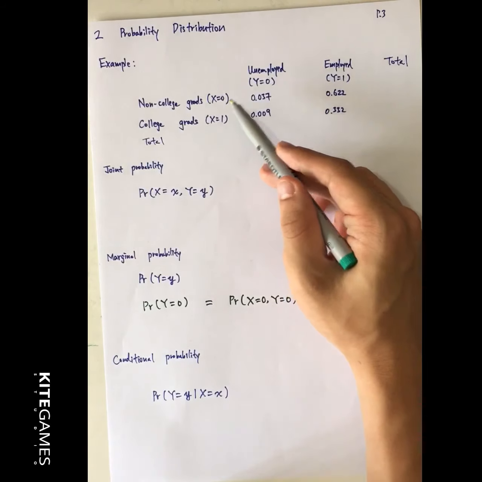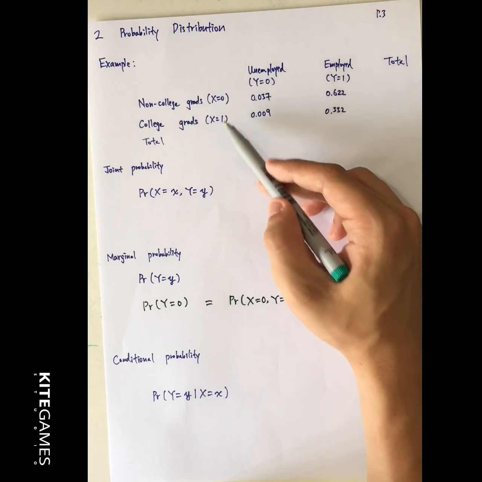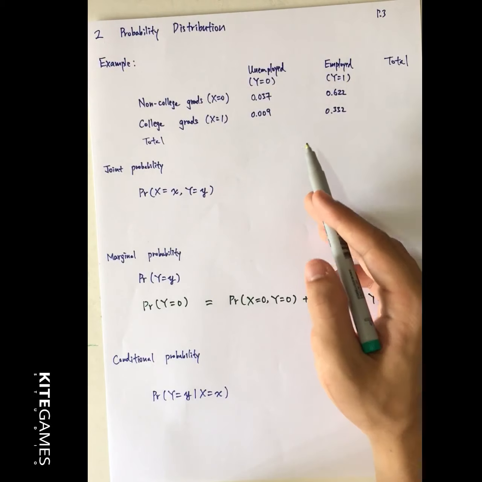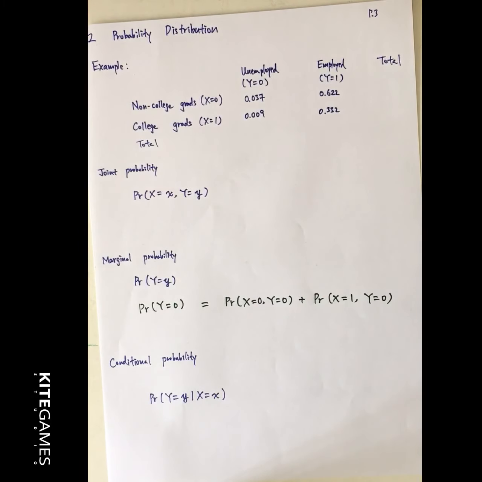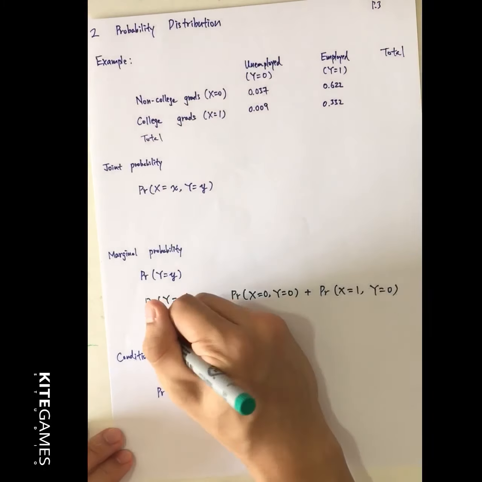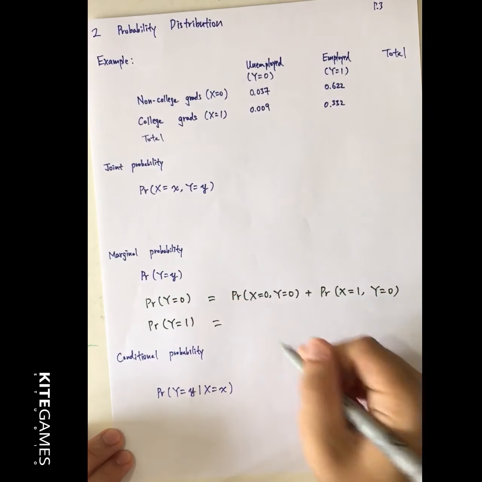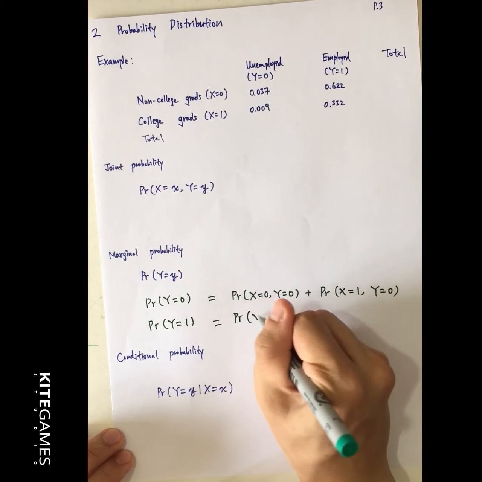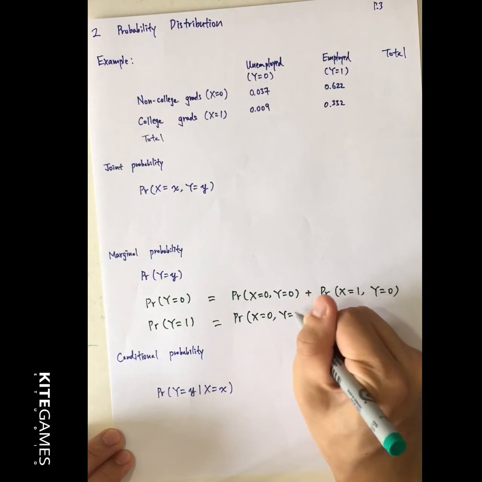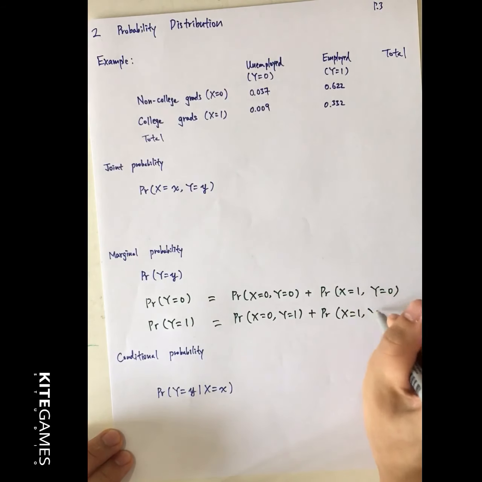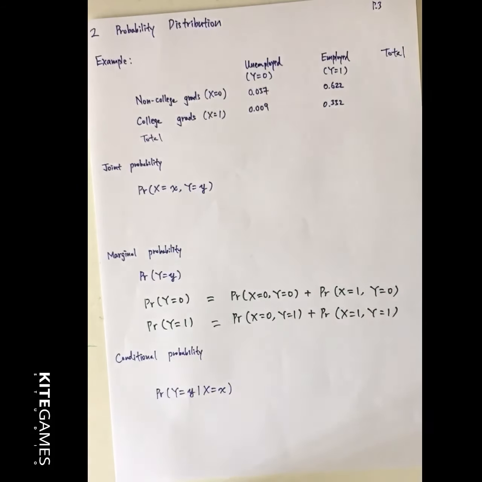Therefore, if we add up all the values of x equal to 0 and 1 in the y equal to 0 case, we can find the probability that y equals 0. On the other hand, if we want to find the probability that y equals 1, this is simply equal to the probability x equals 0 and y equals 1, plus the probability that x equals 1 and y equals 1.